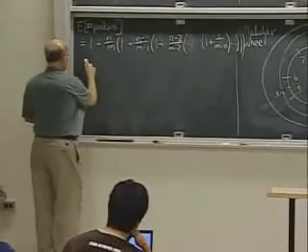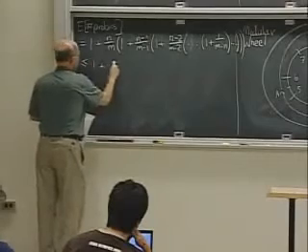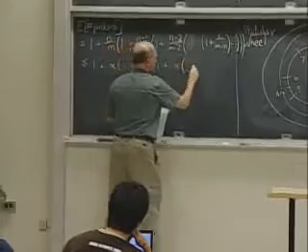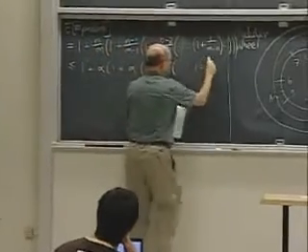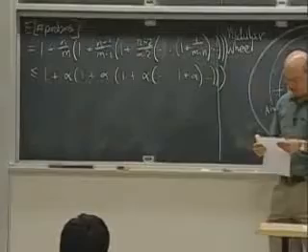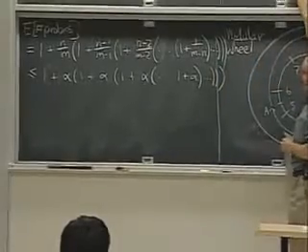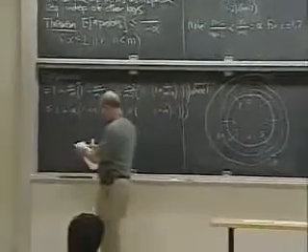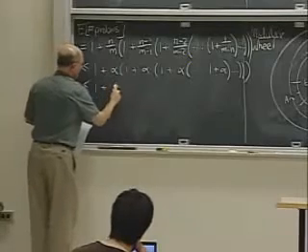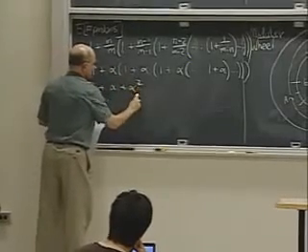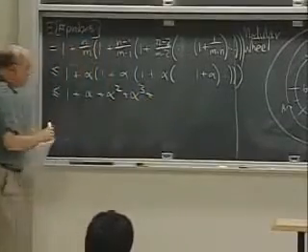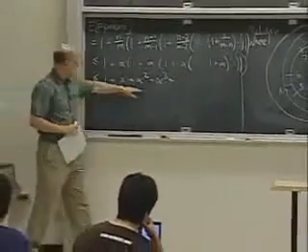So this is less than or equal to 1 plus alpha times 1 plus alpha times 1 plus alpha times 1 plus alpha, just using the fact that I had here. And that is less than or equal to 1 plus, I just multiply through here, alpha plus alpha squared plus alpha cubed plus, and I can just take that out to infinity.